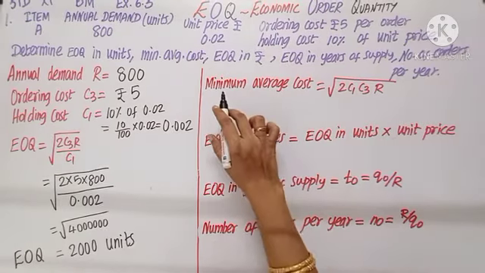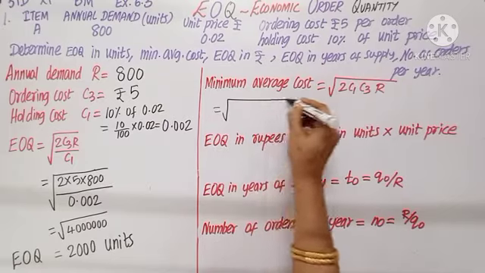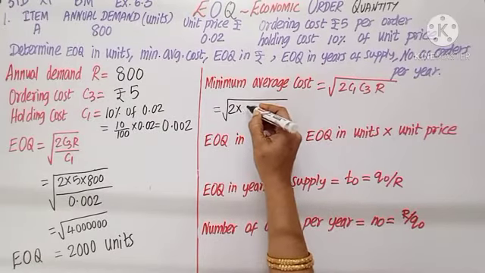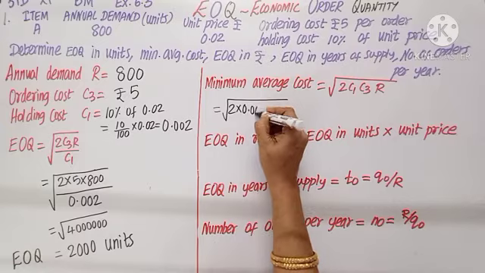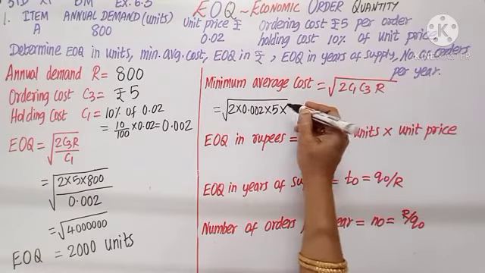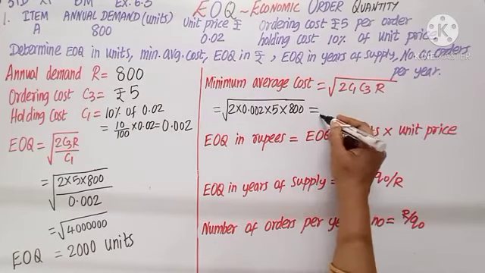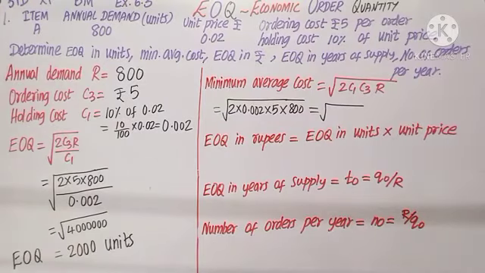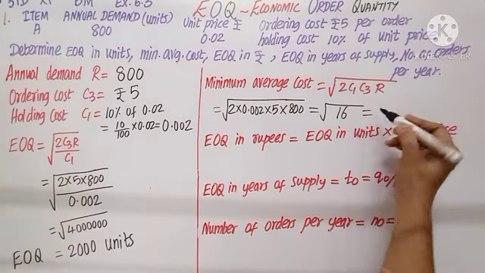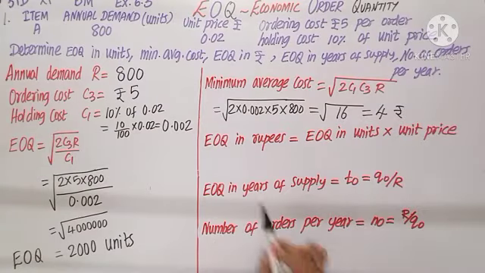The second subdivision, minimum average cost, is root of 2 into C1 which is 0.002, into C3 which is 5, into R which is 800. Multiply everything, then find the square root. We get 16 and the square root is 4 rupees.